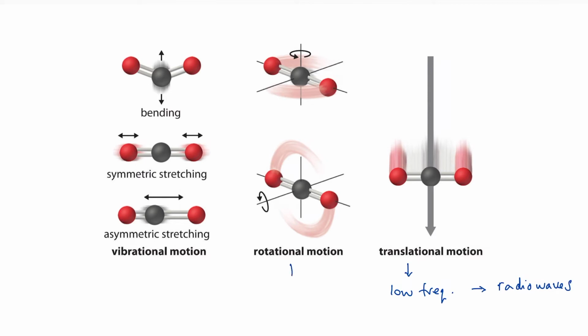When they absorb microwave radiation, then we get an increase in their rotational states. Molecules start to rotate more strongly. And then vibration, if we are absorbing infrared radiation, molecules start to vibrate more strongly, and there are a number of ways that we can do this. As you can see here, we get bending vibrations, symmetric stretching, asymmetric stretching.